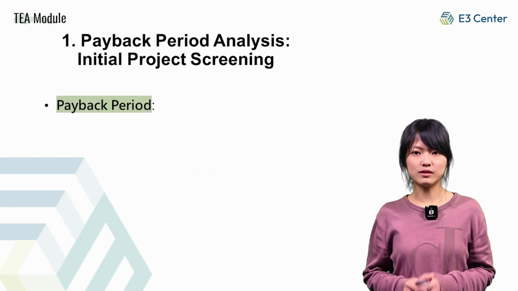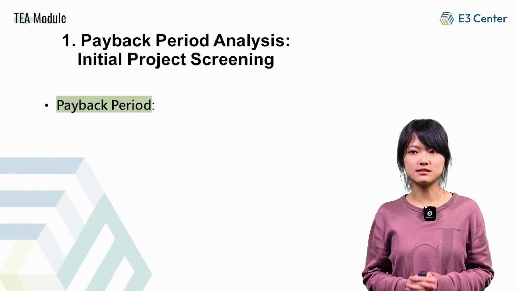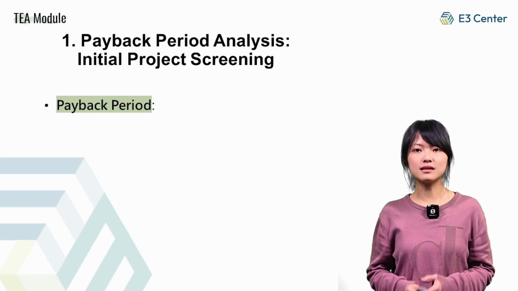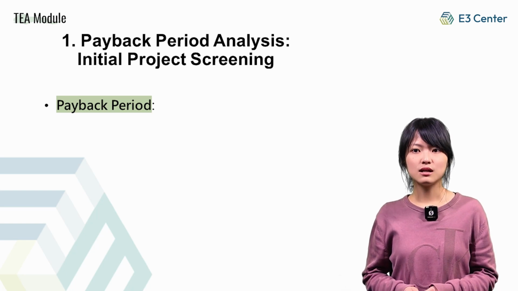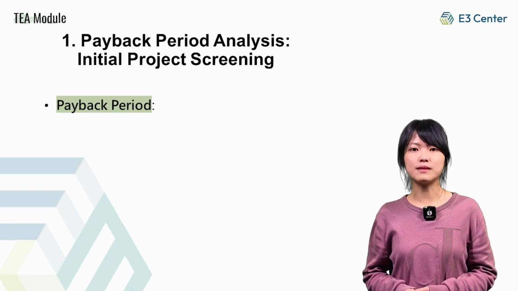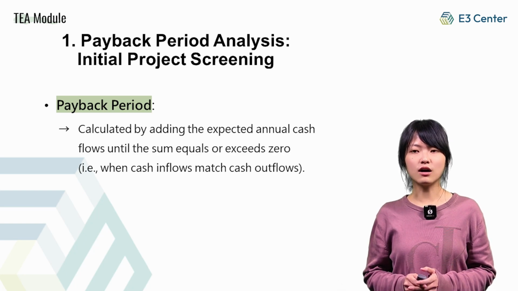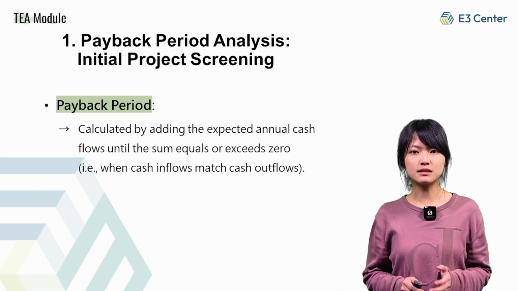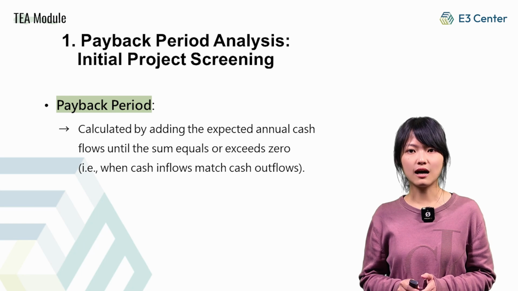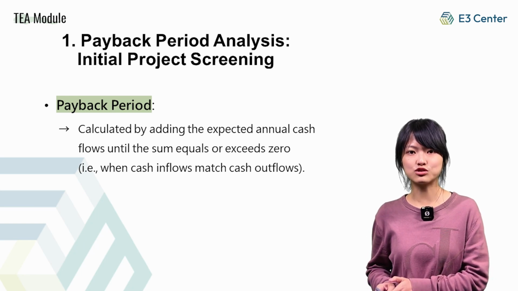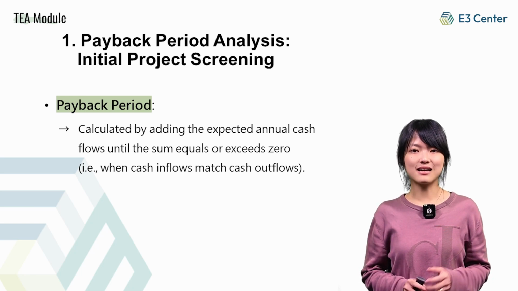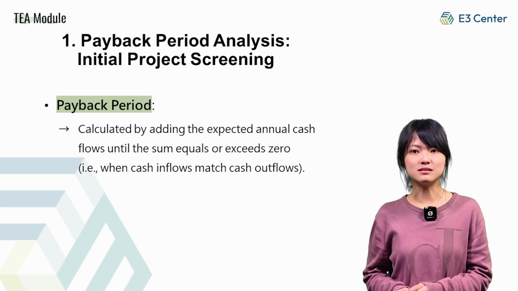Let's start with the first economic feasibility assessment technique, payback period analysis, which is an essential initial step in project screening. The payback period is calculated by summing the expected annual cash flows until the total reaches 0, meaning the cash inflows have balanced the cash outflows.